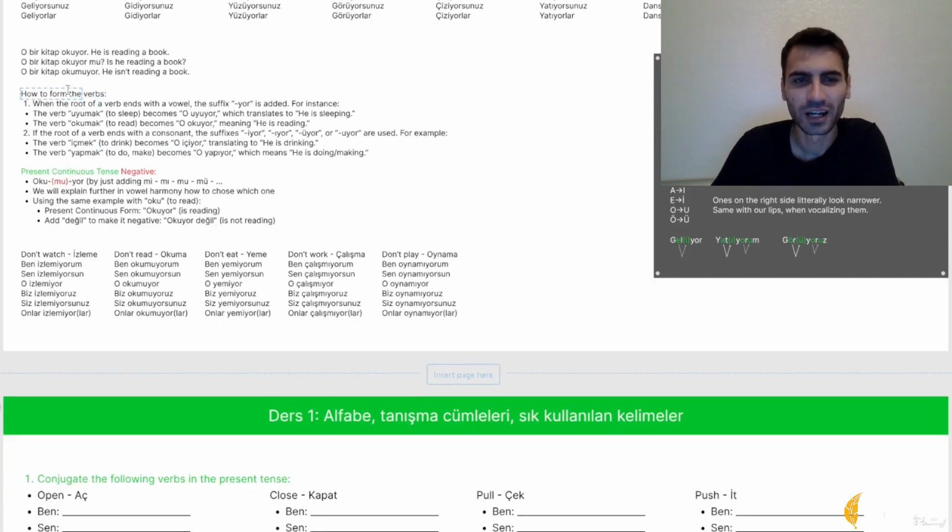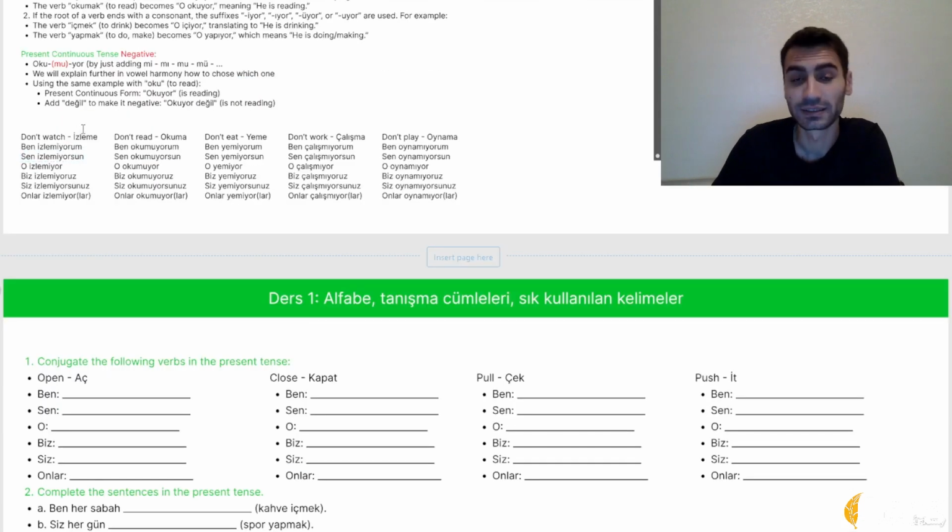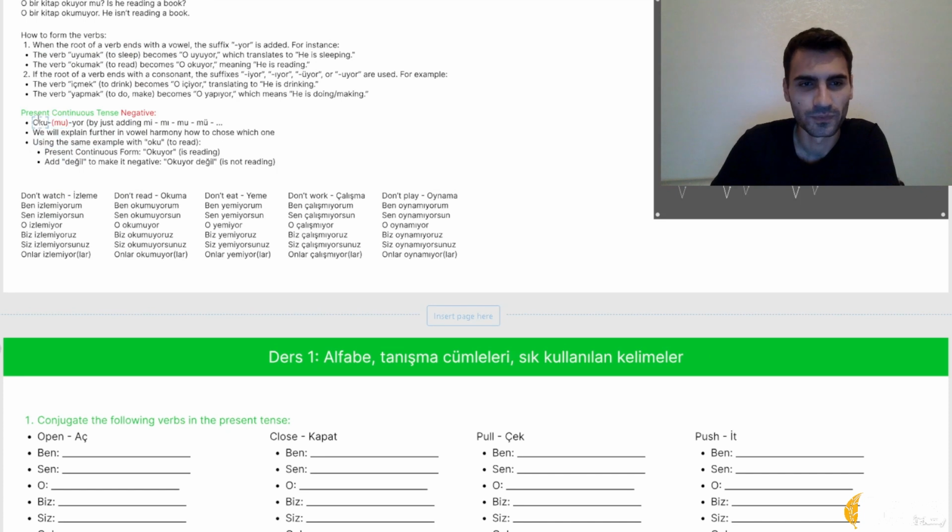Alright, how to form the verbs. Okumak, yes, here there is the explanation. You can read later if you need. I already explained it. Negative is okumuyor. Mu, mi, mu. You add it between the verb and the suffix.